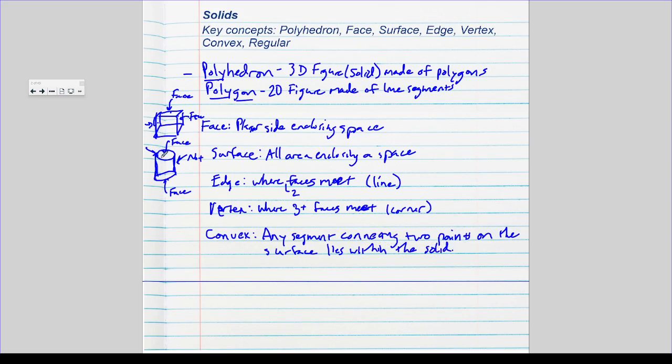So if I pick any 2 points on this cylinder and connect them, the segment connecting them is inside of the cylinder. It never goes outside of it.